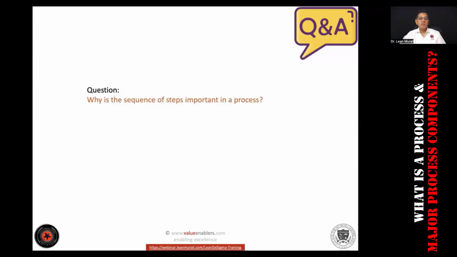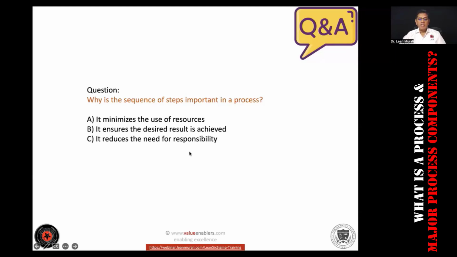The next question is, why is the sequence of steps so important in a process? A, it minimizes the use of resources. B, it ensures that the desired result is achieved. C, it reduces the need for responsibility.